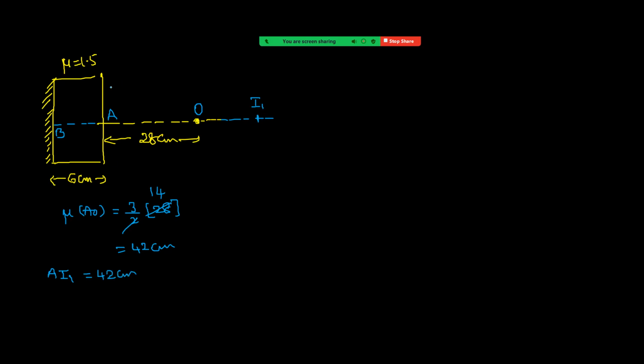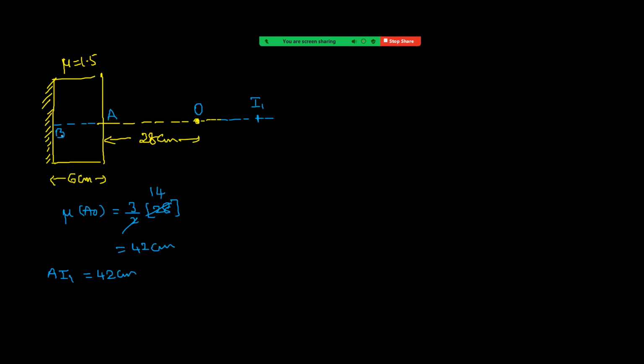Okay. Now you can see rays after refraction fall on the mirror. That means this image I1 is acting as object for the plane mirror. I am repeating: light rays after refraction are incident on the plane mirror. Its meaning is this image I1 is acting as object for the plane mirror.